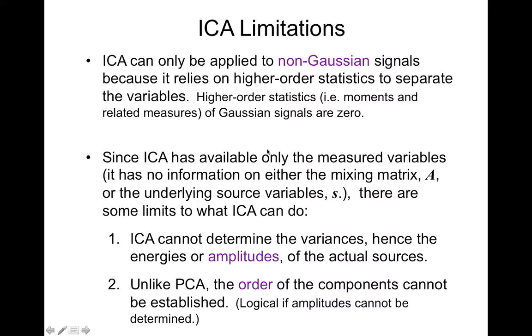Since independent component analysis has only the measured values available, there are some limits, and it's very important to understand them. It cannot determine the variances, energies, or amplitudes of the actual sources. Unlike principal component analysis, the order of components cannot be established.